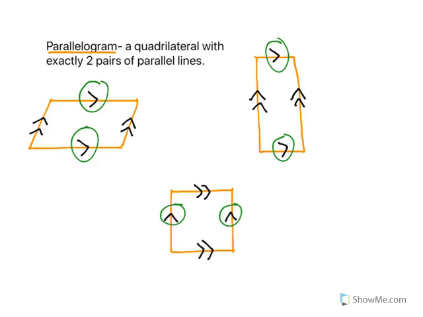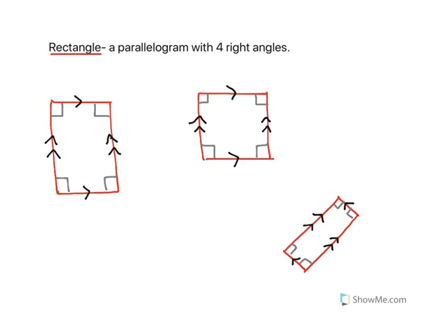So this is a traditional looking parallelogram, and then we have some more special or specific parallelograms that we're going to talk about next. Now we're going to talk about rectangles. A rectangle is a parallelogram, but its more important feature is that it has four right angles.